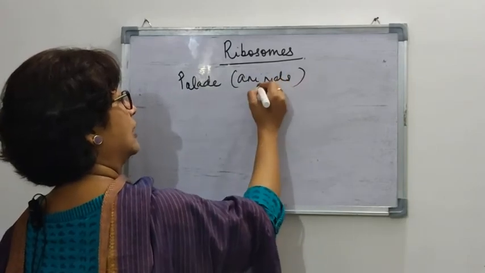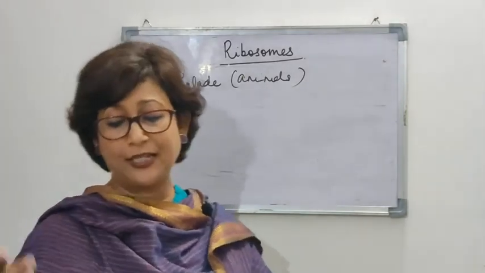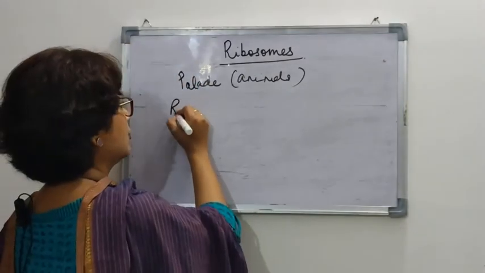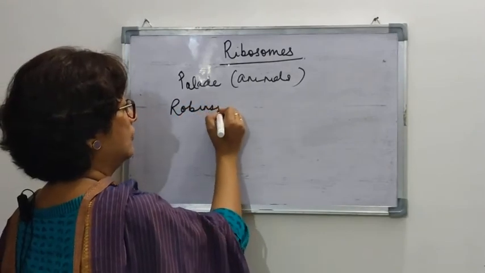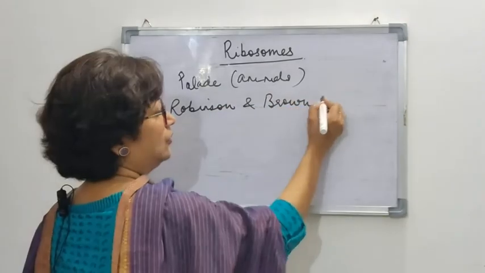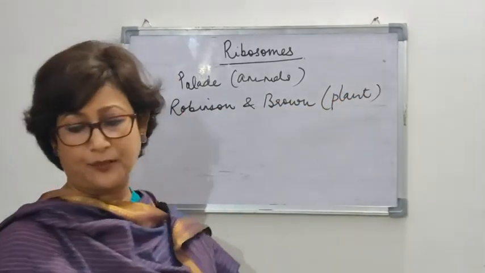Because they were discovered by Palade in the animal cells, they are also known as Palade particles, and in the plant cells they were discovered by Robinson and Brown, right?